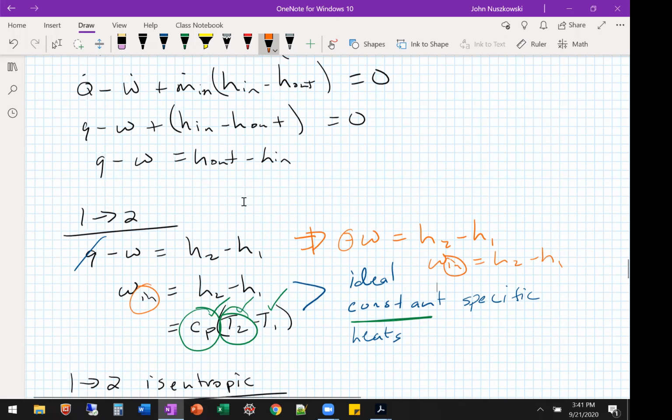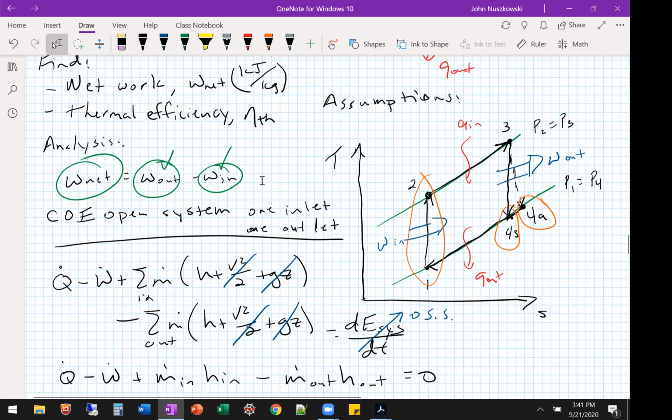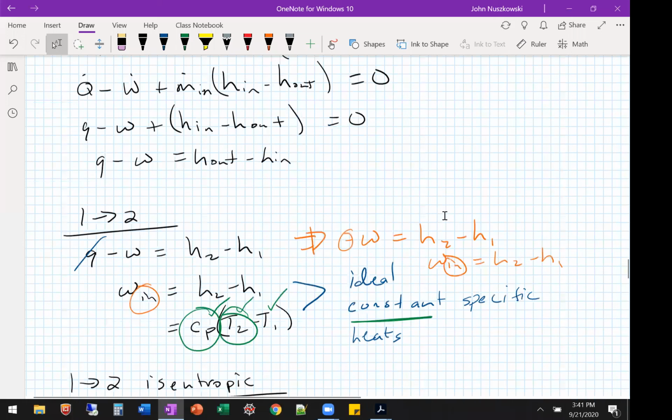I know the enthalpy at state 2 is going to be higher than 1 because we're putting in work. Okay. Or you can leave it as a negative, solve, if you're not sure, you can get your negative here, and then say that work in is the positive value of it.